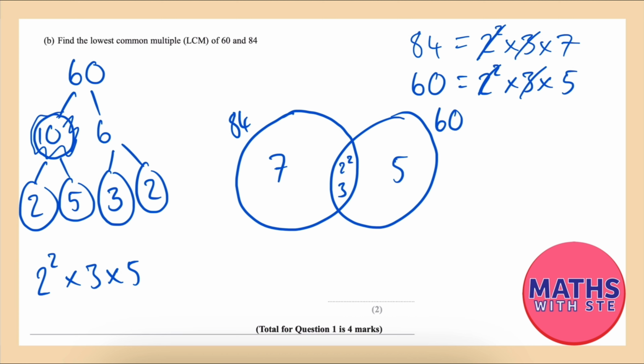Great, okay. So it says find the lowest common multiple of 60 and 84. And all we need to do now is times all of these together. So I'm just going to write this out as 7 times 2 to the power of 2 times 3 times 5. Now, you get your calculator.